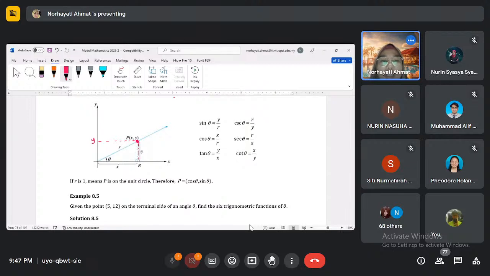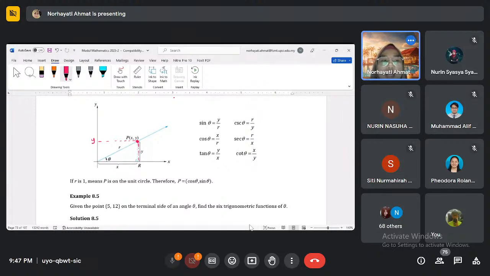From this figure, we can form a right angle triangle.